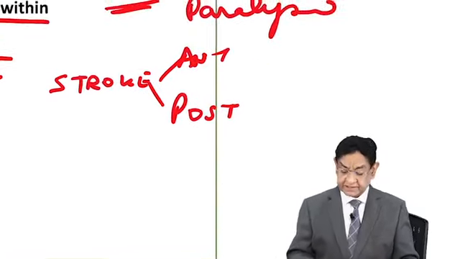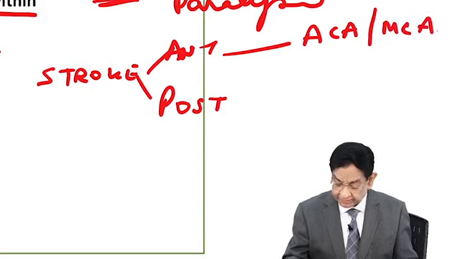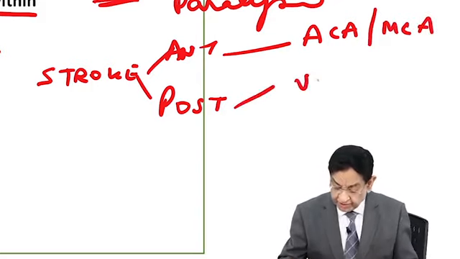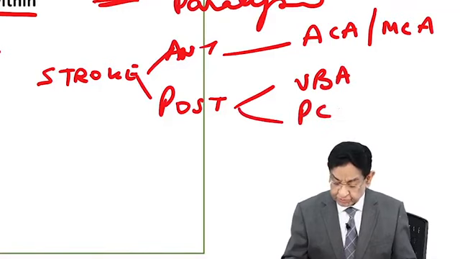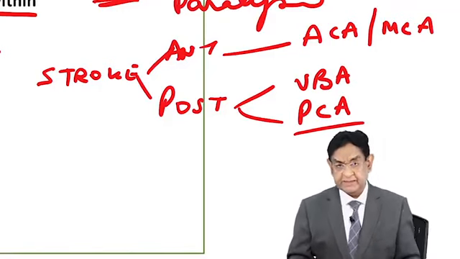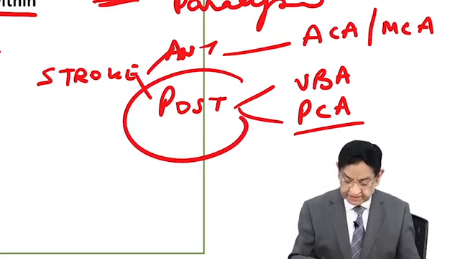In anterior circulation, there is involvement of the anterior cerebral artery and the middle cerebral artery. In the posterior circulation, there is involvement of the vertebrobasilar artery, VBA, or the posterior cerebral artery. First, at the moment, we will learn about the posterior circulation, and then later we'll talk about anterior circulation also.